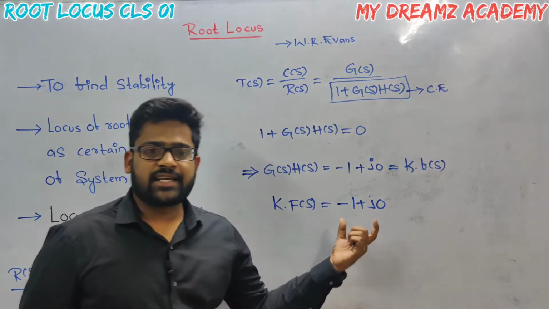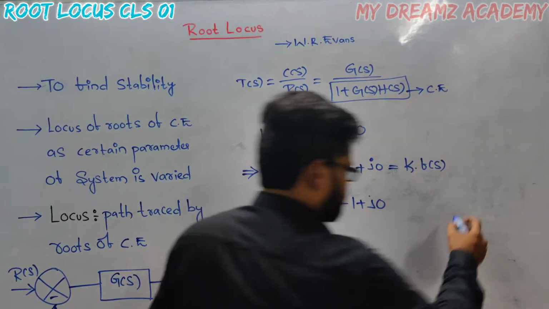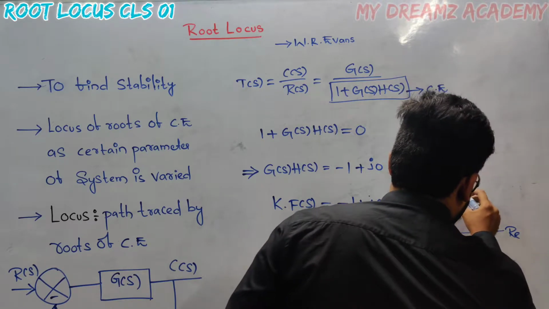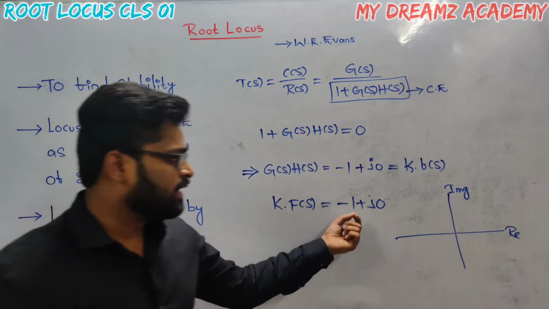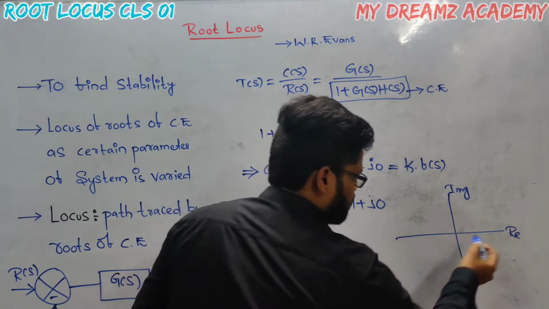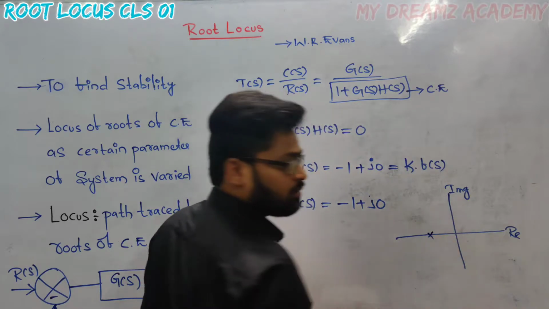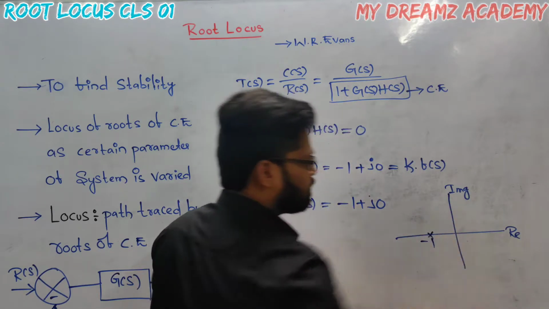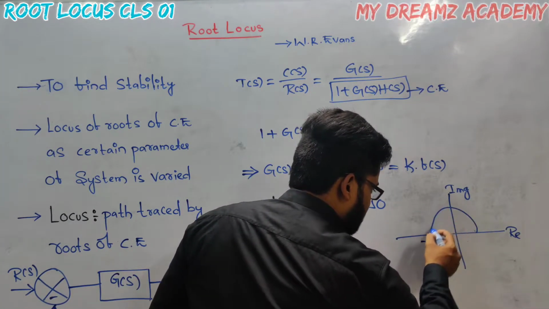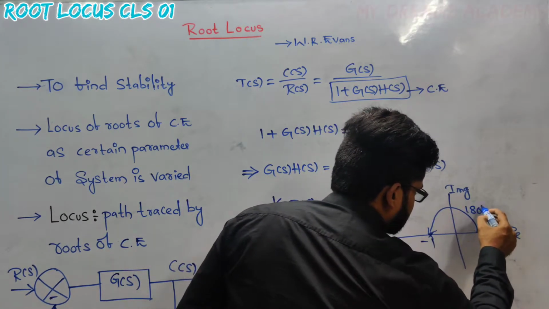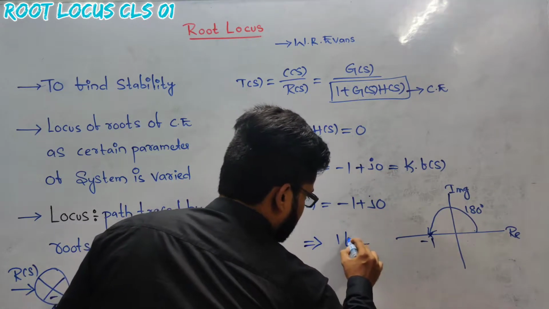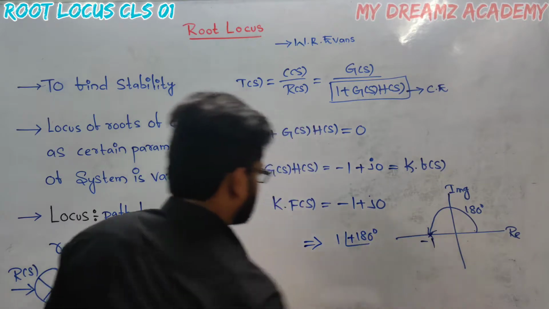This -1 plus j0 is a complex number. This is the real part and this is the imaginary part. We can indicate this point -1 plus j0. So the real part is -1 and the imaginary part is 0. So here the magnitude is 1 and the angle is 180 degrees. We can write 1 at an angle of plus 180 degrees.